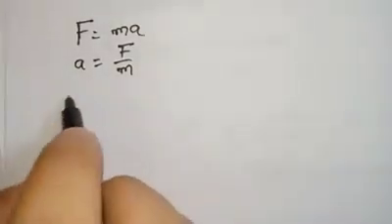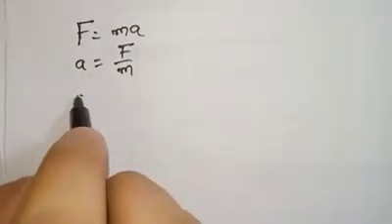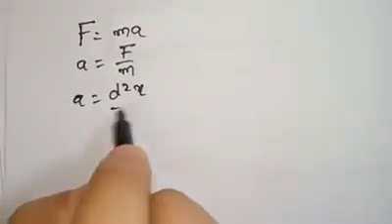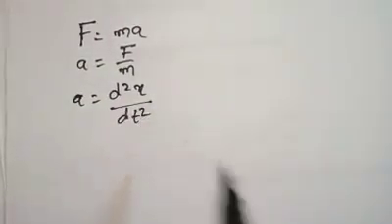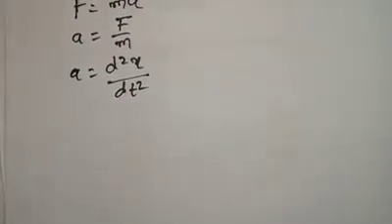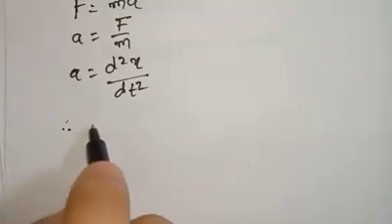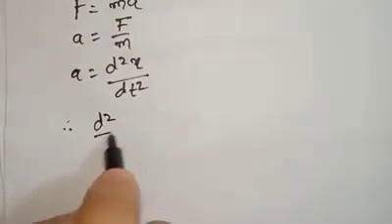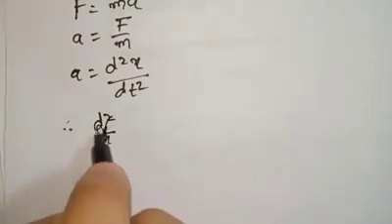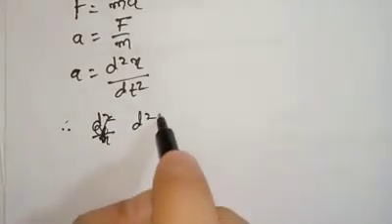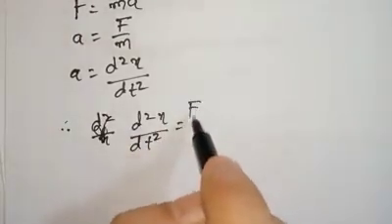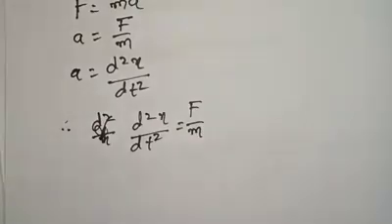And we know acceleration equals the second derivative d squared x by dt squared. Therefore we can write d squared x by dt squared equals F by m.